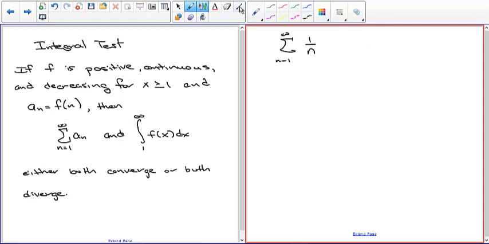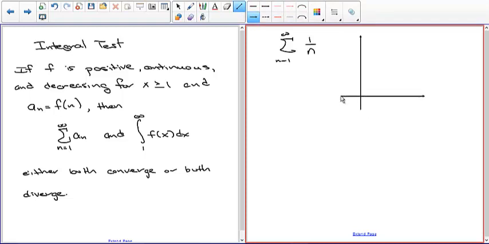And we plot that. For n equals 1, you get 1. For n equals 2, you'd get 1/2. For n equals 3, you'd get 1/3. And for n equals 4, you'd get 1/4. That's how we would represent the series, as just dots.